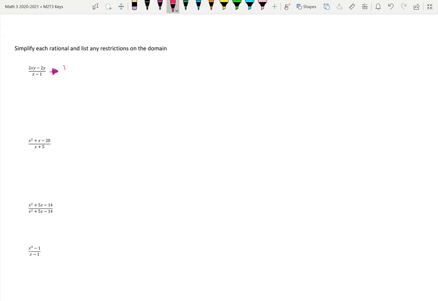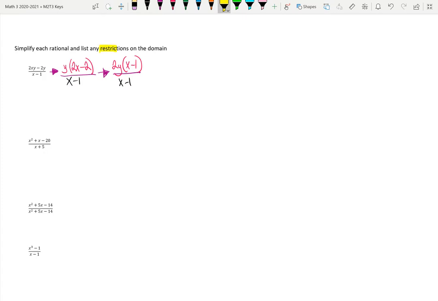This is going to lead me to see that y times 2x minus 2 will be over the denominator of x minus 1. I also see a common factor of 2. So I'm going to rewrite the numerator as 2y times x minus 1, all over the denominator of x minus 1.